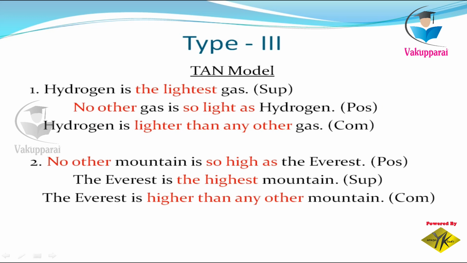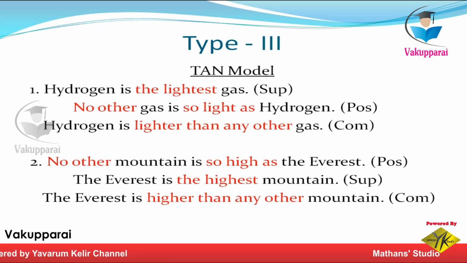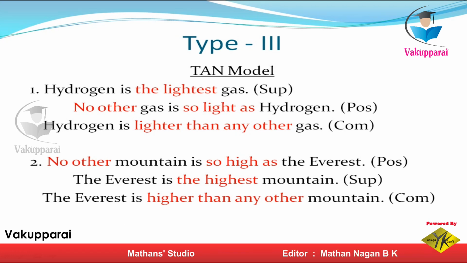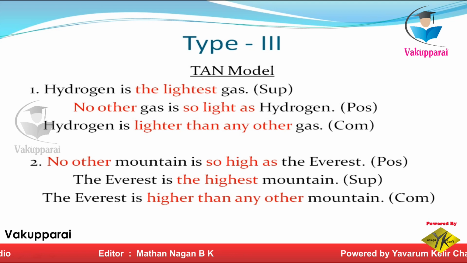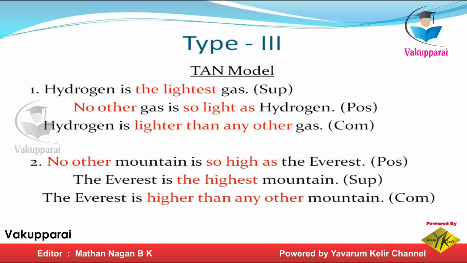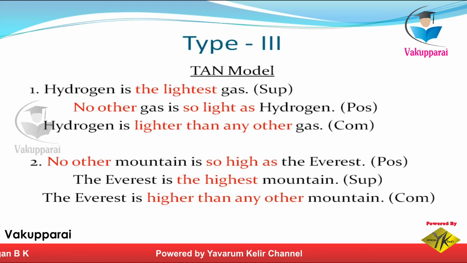I'll give you an exercise here. TAN model. First exercise: "Hydrogen is the lightest gas." Okay, so among all the gases, hydrogen is the only lightest gas. So we can change this degree into positive as it is a TAN model. In positive we have to use "no other". Okay, "No other gas is so light as hydrogen."